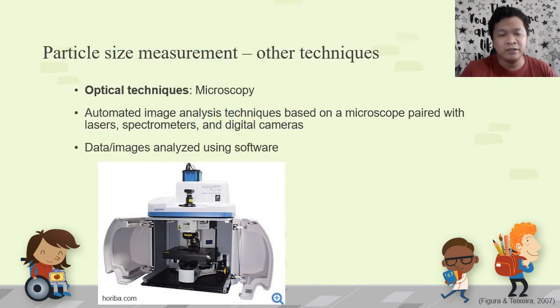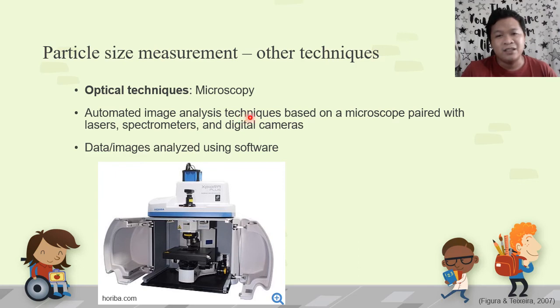Okay, so we mentioned earlier that there are various optical techniques, and one of them is microscopy. Although this one is automated, no? Hindi ka mag-e-employ ng tao na titingin dun sa slide mo and magbibilang ng, I don't know what they're looking for, no, particle sizes. Of course, computers can do that better. So there are image analysis techniques. This could be considered a sort of 2D projection since flattened yung images sa microscope, more or less.